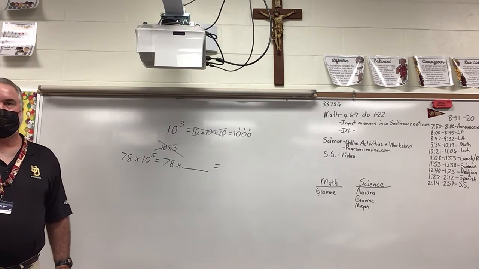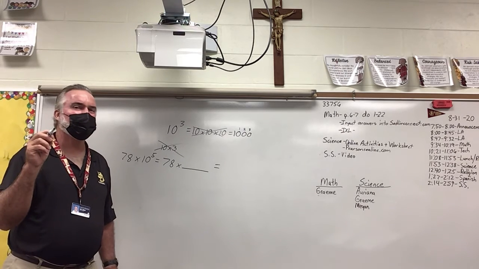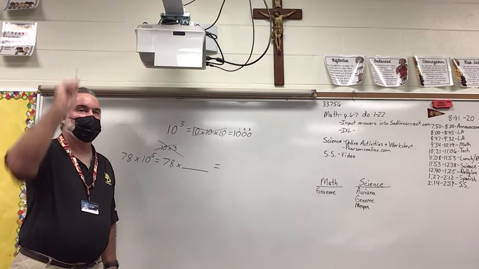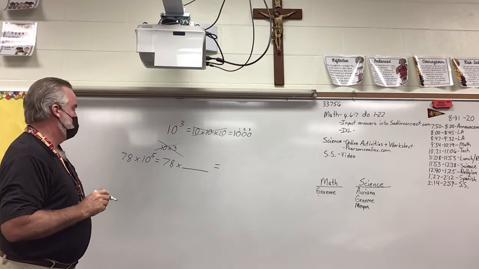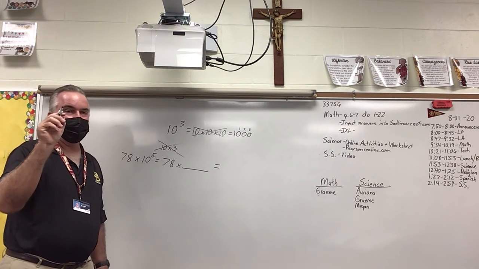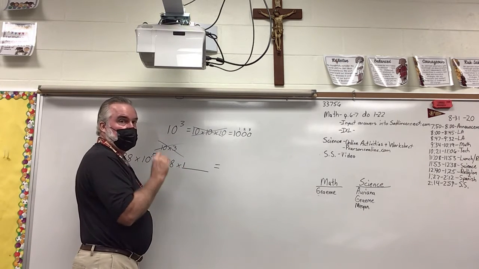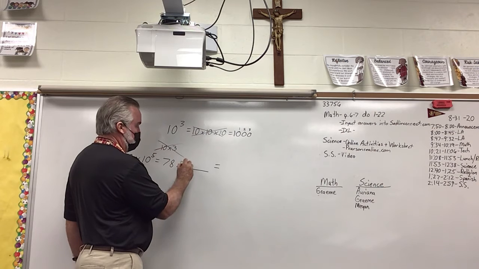Cece? Ryan? 1,000,000? Close. 100,000. A 1 with 5 zeros.